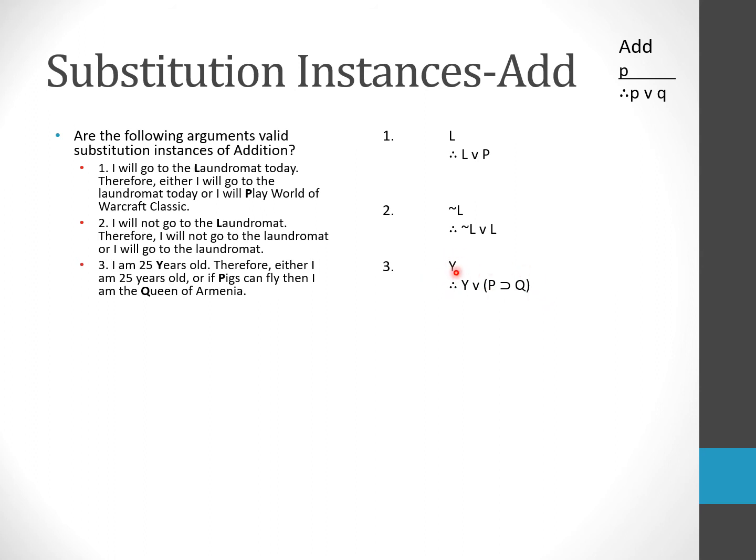Like we started out with something fairly simple and true, but then we added all this stuff that's like, well, okay, if pigs can fly, then I'm the Queen of Armenia. Does Armenia have a queen? Am I eligible to be a queen? These are all the sorts of questions that sort of muddy the waters. So that's the sort of harm that irresponsible addition can do. But it does go to show the sort of power and the possibilities of this rule.